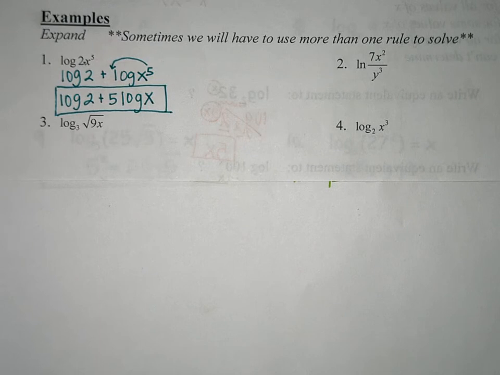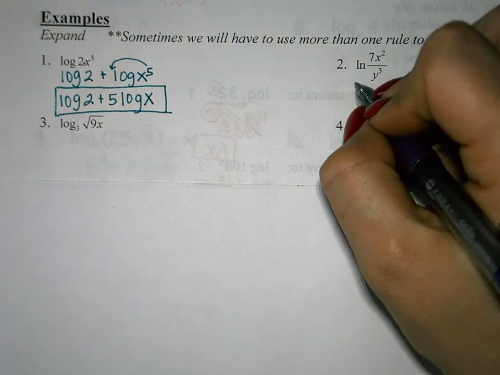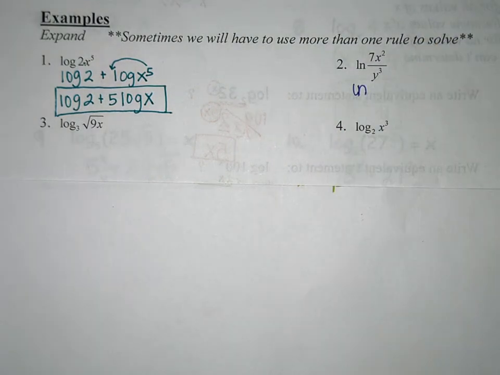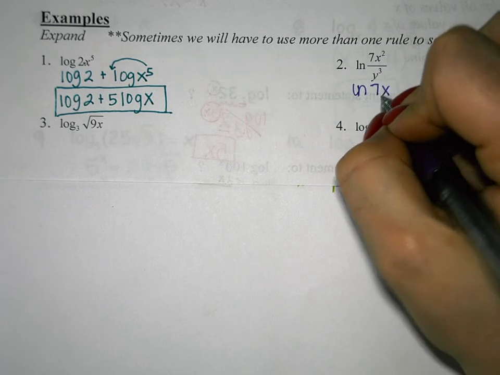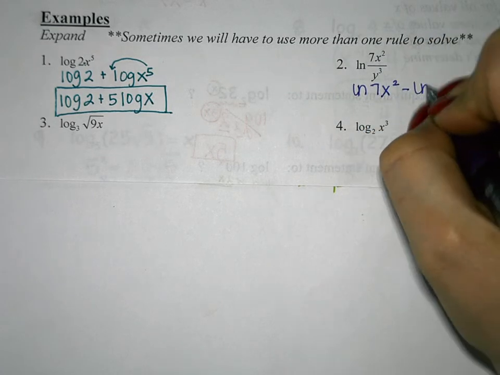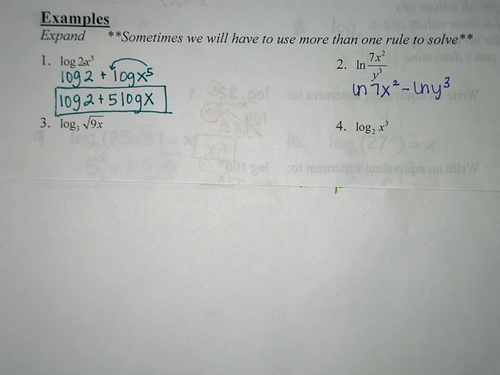Number 2, we have the natural log of 7x squared over y to the third. This is obviously a quotient, so I'm first going to use the quotient rule. So that's going to be the natural log of 7x squared minus the natural log of y to the third.